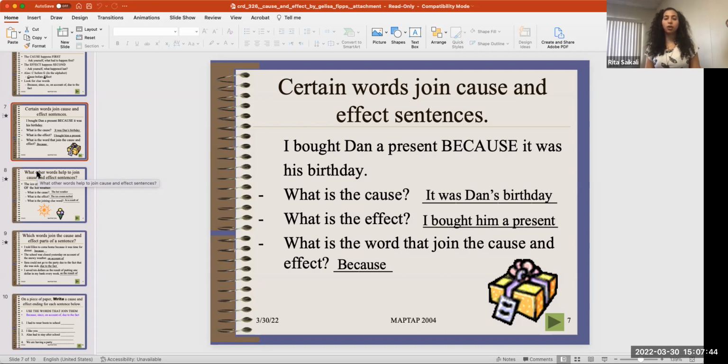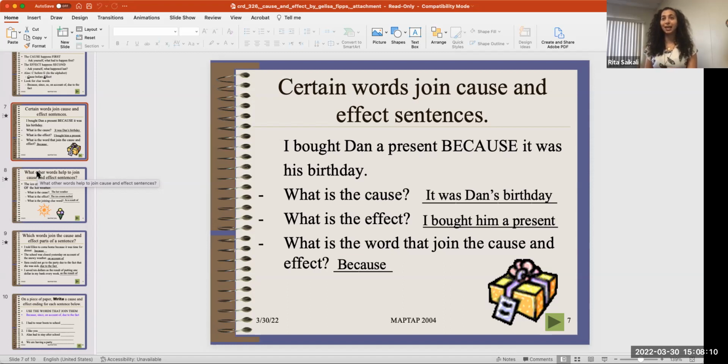And you guys know that in a compound sentence, we can use because at the beginning of the sentence, right? Because it was his birthday, comma, I bought Dan a present, right? So that's why here they're switched. Since also is a conjunction, much like because. And these are stuff that you can connect. That's why in this case, you don't see that it was his birthday first.